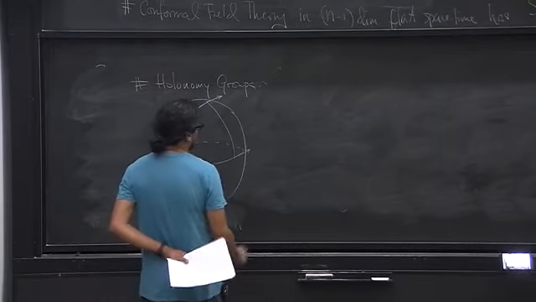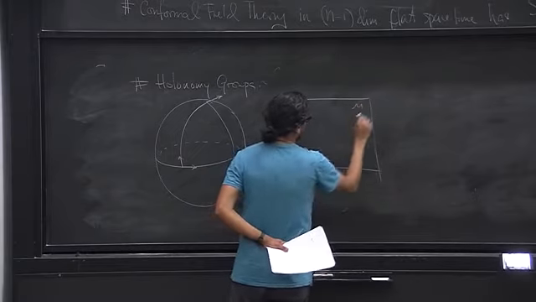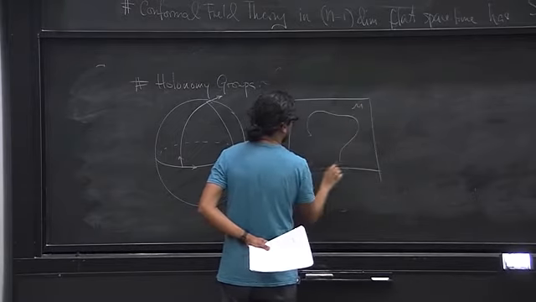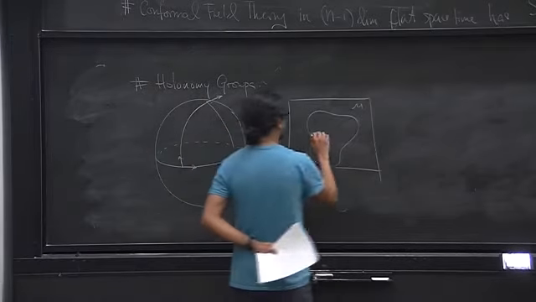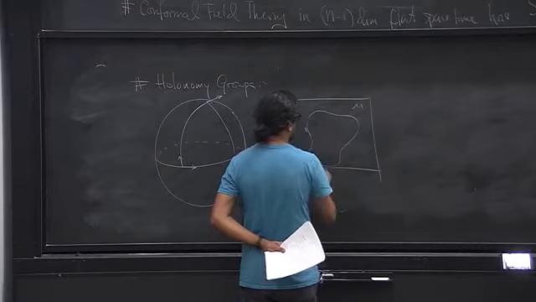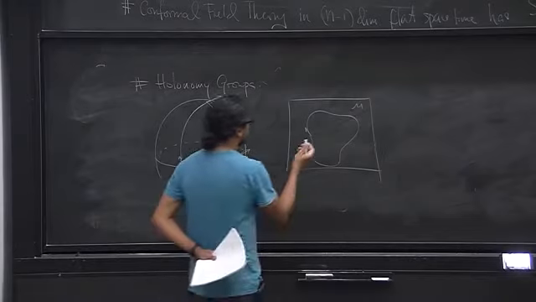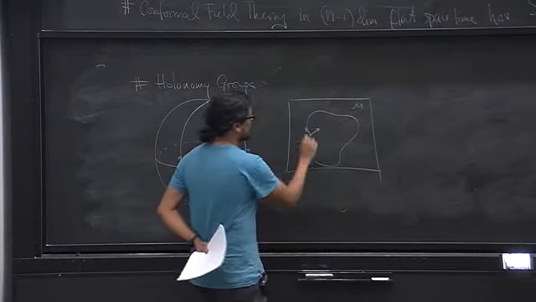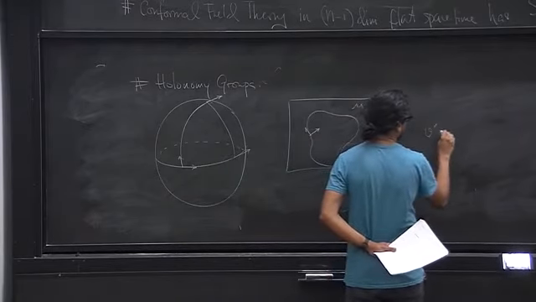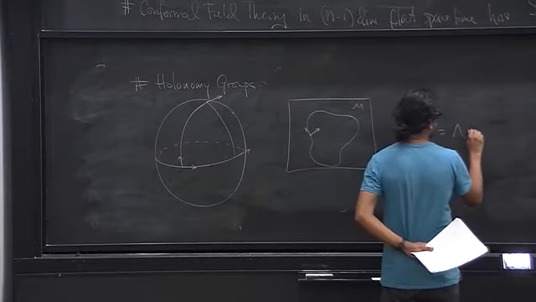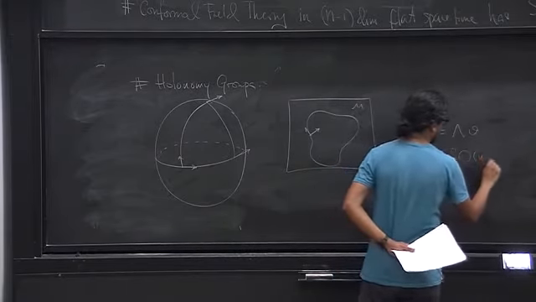So if you were to consider some general manifold and some generic closed curve, and parallel propagate some vector around the closed loop, in general it'll come back to the original vector up to some rotation, right?